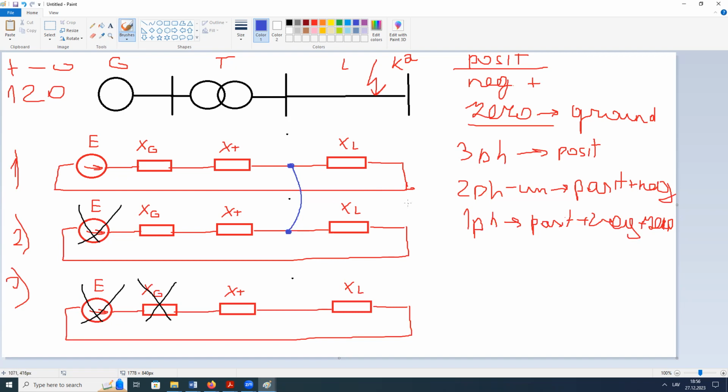This neutral wire is connected together and to the ground. This is how two sequences are connected together into one network in case of a two-phase fault.